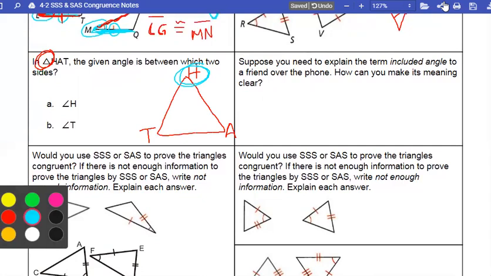So basically, which two sides does H touch? So H touches this side and H touches this side. Does H touch this side? No, it does not. So angle H is in between these two sides that I've traced out in black. So we're going to name them. We have side TH and we have side AH.